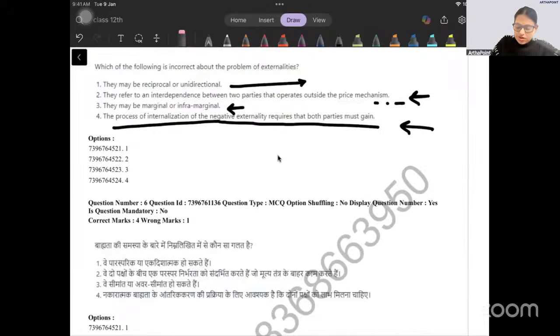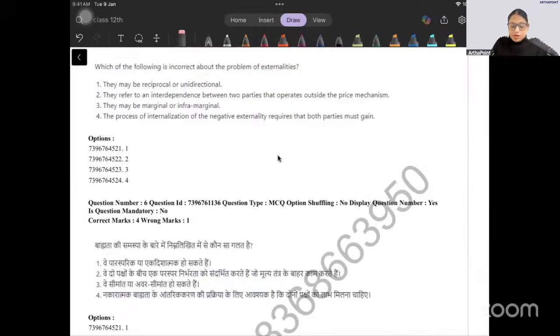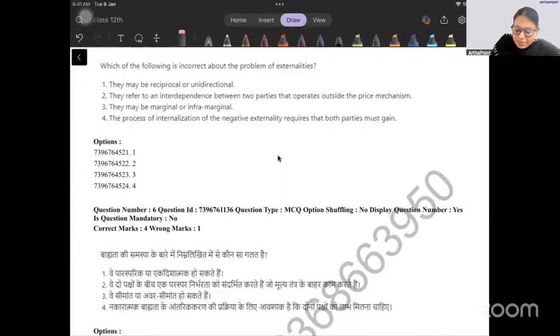Okay, so let's see. First, they may be reciprocal or unidirectional. माने या तो दोनों तरफ से हो सकती है या एक तरफ से हो सकती है. This is true. I'll give you a very simple example.